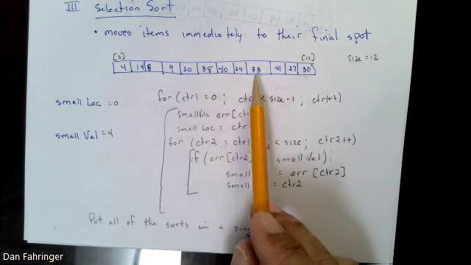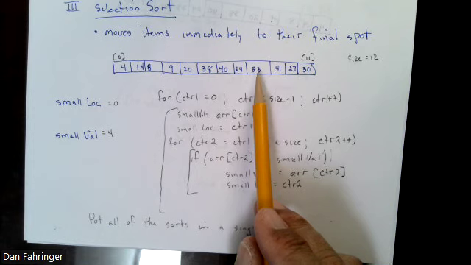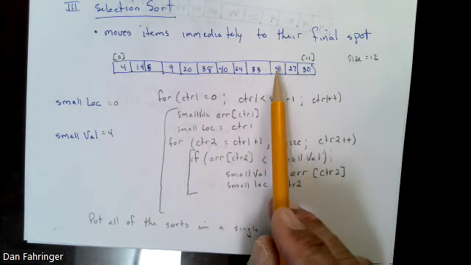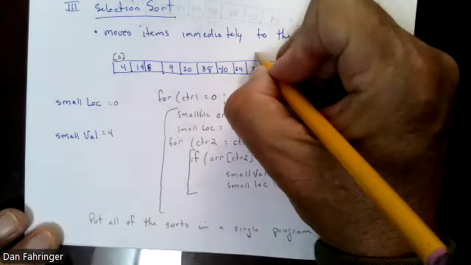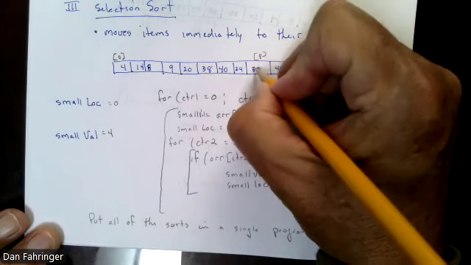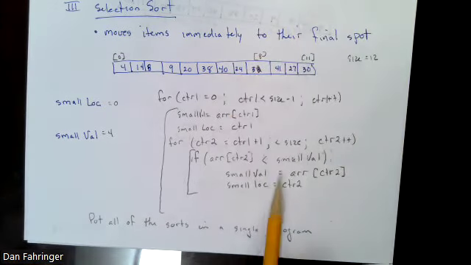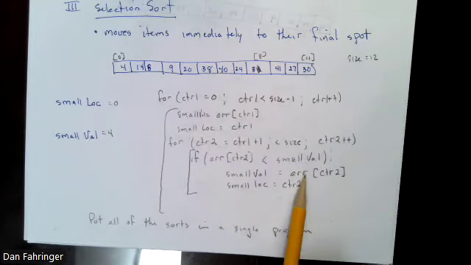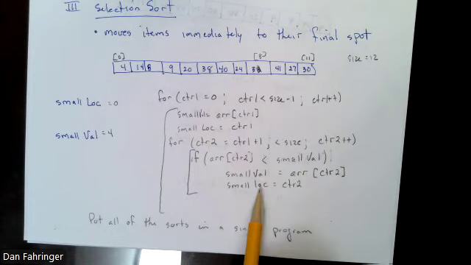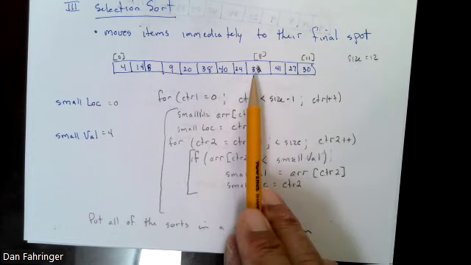So let's say this was number 3, and this is out at location 10, 9, 8. This is out at location 8, and this is a number 3. That means small value somewhere along the line got the value of 3.